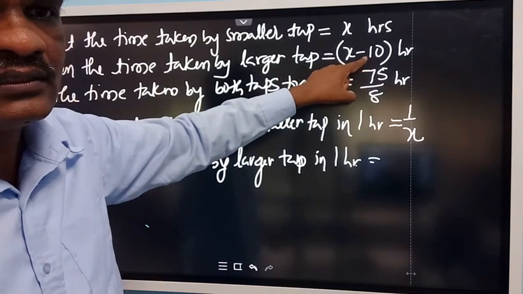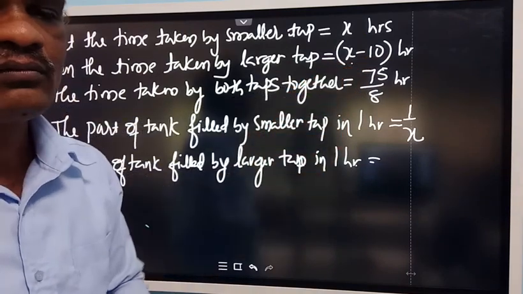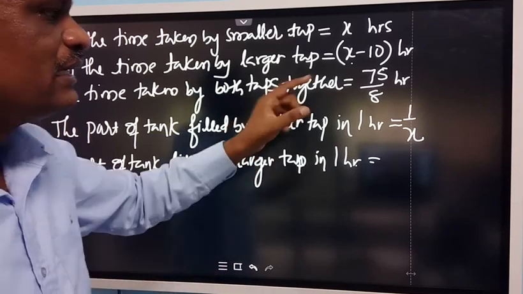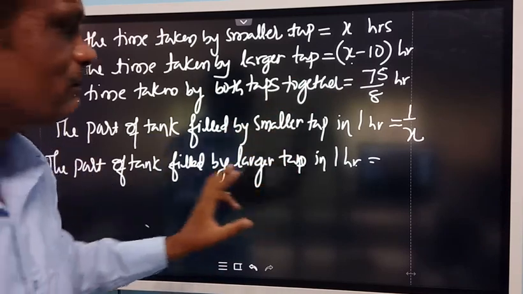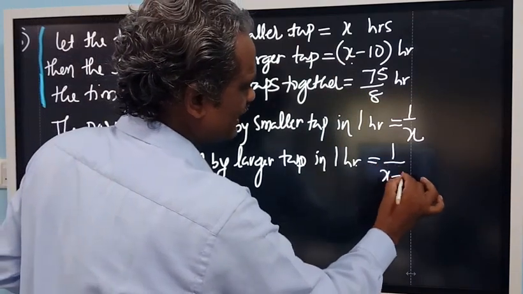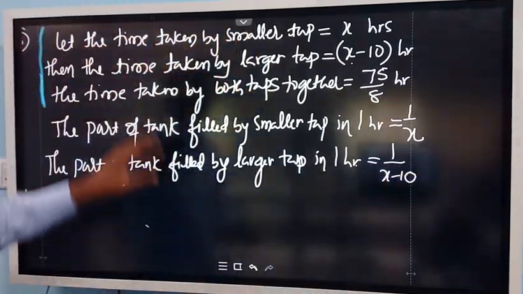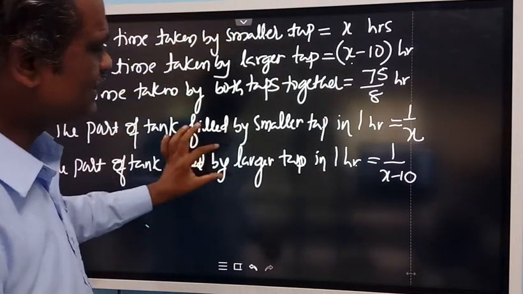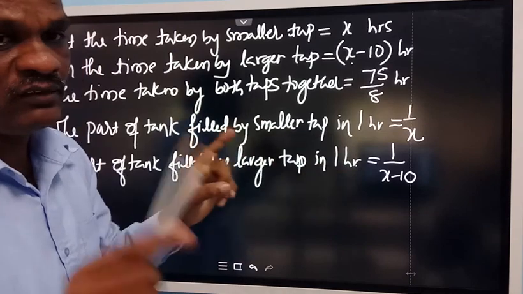X minus 10 hours. Then the part of the tank filled by this larger tap in 1 hour should be 1 divided by X minus 10. Now come to this. This is the part filled by the smaller tap in 1 hour.